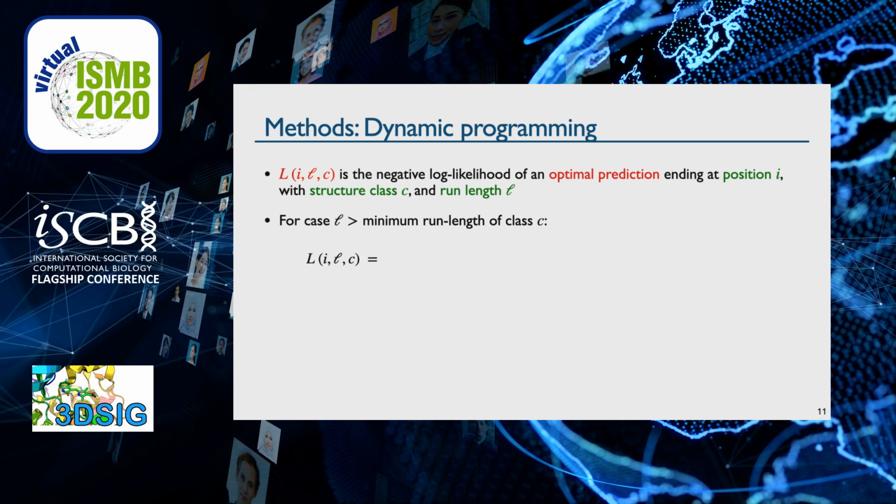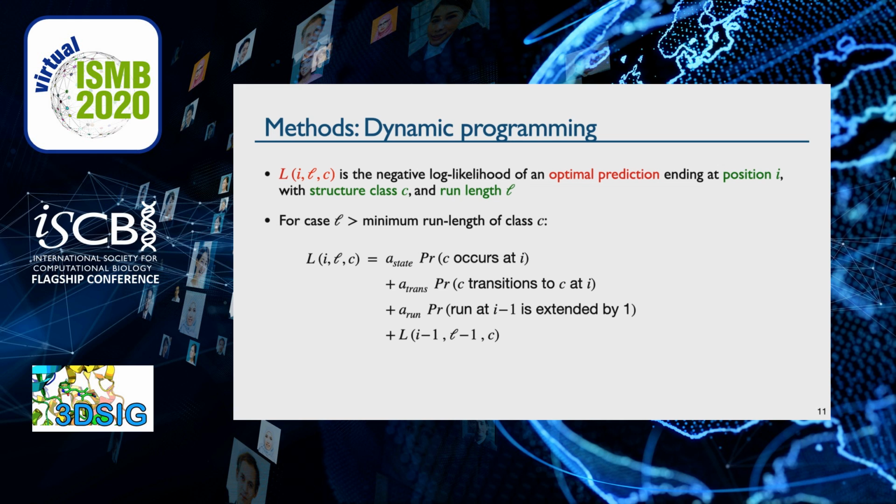L of I,L,C is equal to a coefficient multiplied by the probability that structure class C occurs at position I, plus a transition coefficient multiplied by the probability that structure class C transitions to C at position I, or here, where no transition takes place, plus a run length coefficient multiplied by the probability that the run of structure class C is extended by 1 at position I, plus the quantity L of I-1, L-1, C, or the negative log likelihood of an optimal prediction ending at the previous position, a run length 1 smaller, and with the same structure class C.